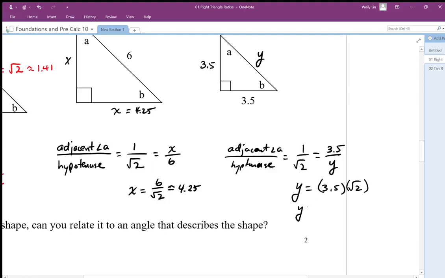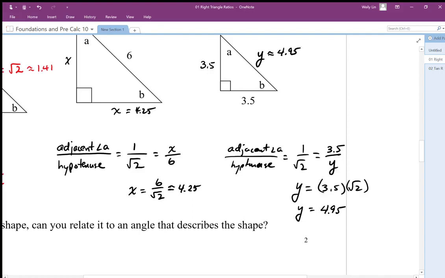Since we're using decimals, we'll work that out as a decimal value. 3.5 times square root 2 is about 4.95, so we're going to say that's approximately 4.95.